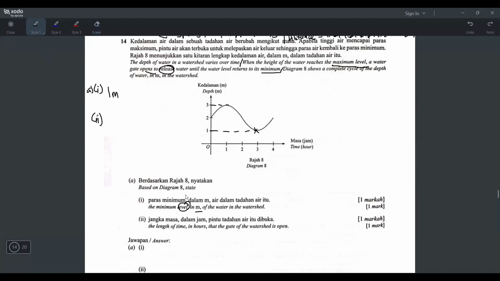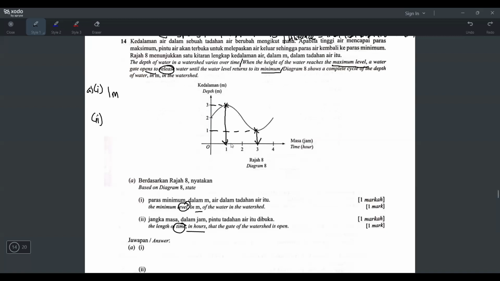Number 2, state the length of time in hours. This one they want time, so you have to refer to the x-axis, the x coordinate. They want the length of time that the gate of the watershed is open. So when did the water gate open? Here is when it starts to open, and the water is released, and this is when the water gate closes.